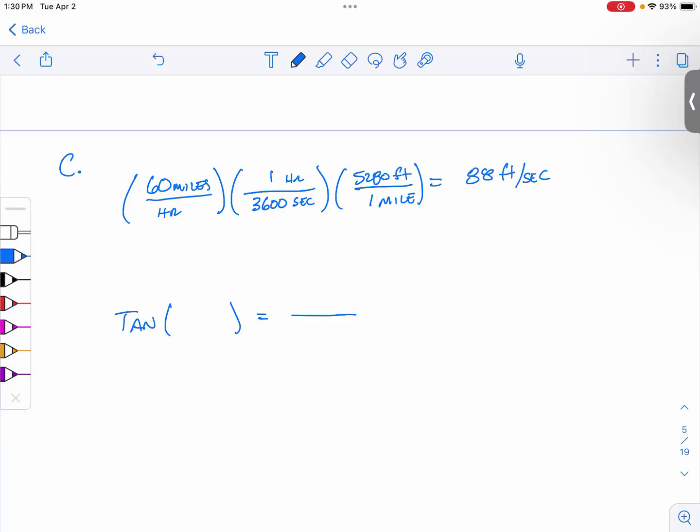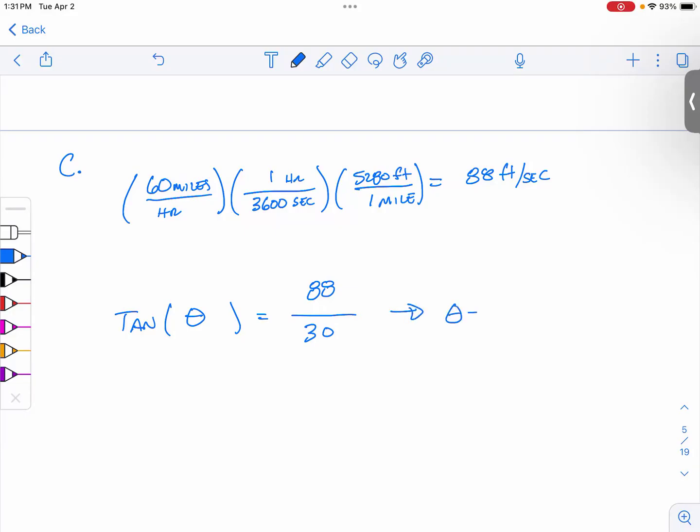Okay, so I got the 88 feet per second. So we can do the same thing. Since it's just 1 second, that means that our value that we were previously calling x is the 88, which is the opposite over the hypotenuse. And now we are finding this angle theta. We're trying to find that angle.